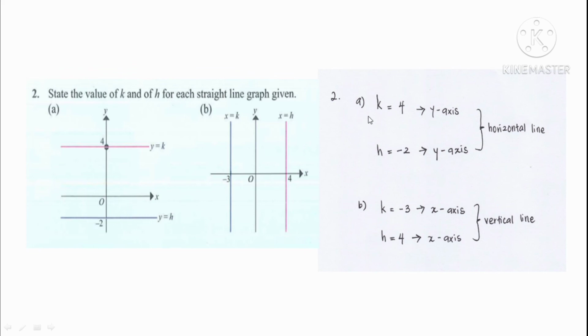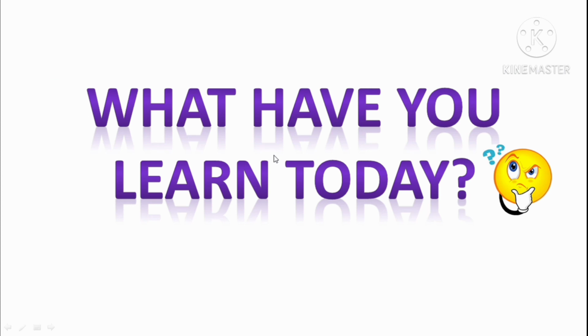So k equal to 4 and k equal to negative 2, and still it only crosses the y-axis. So for B, it is a vertical line where k equal to negative 3 and h will be equal to 4.